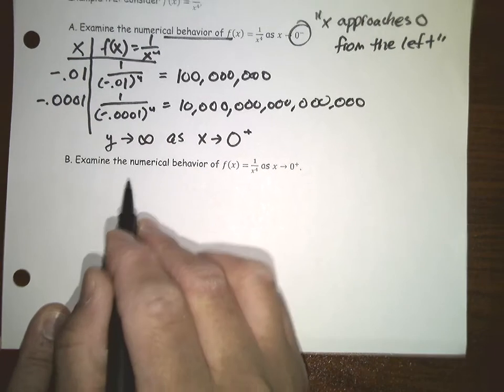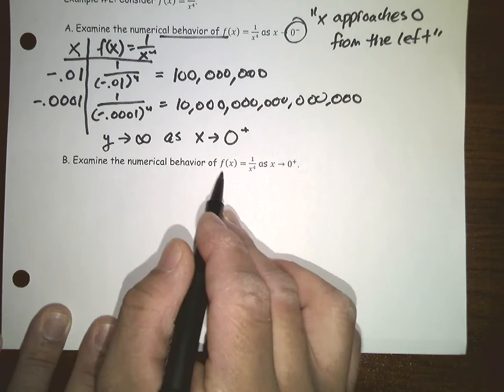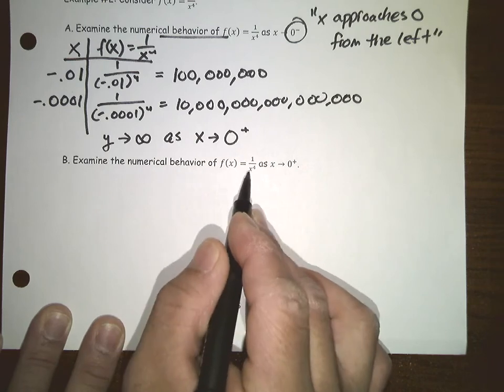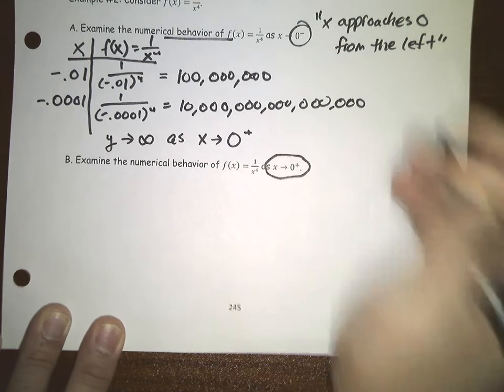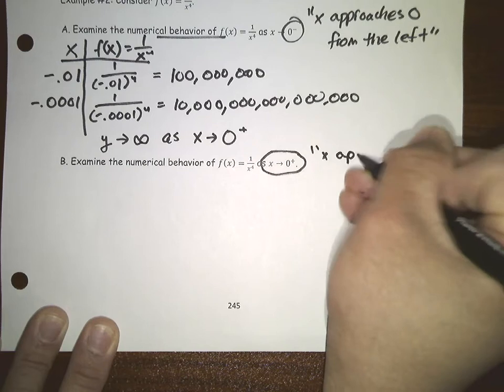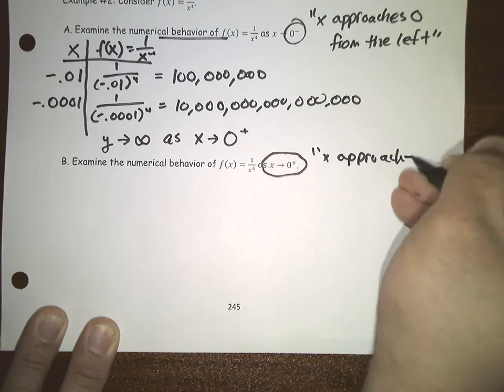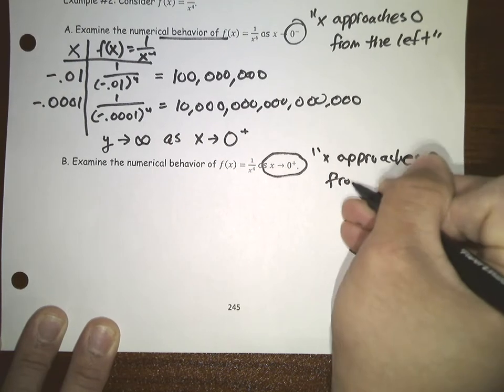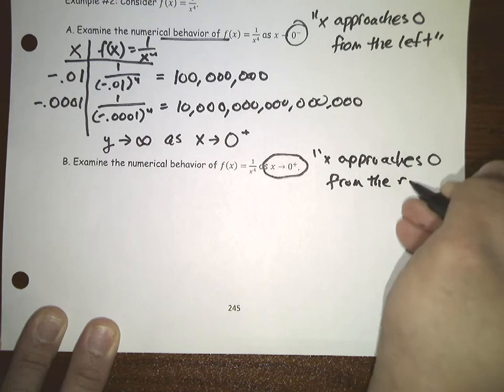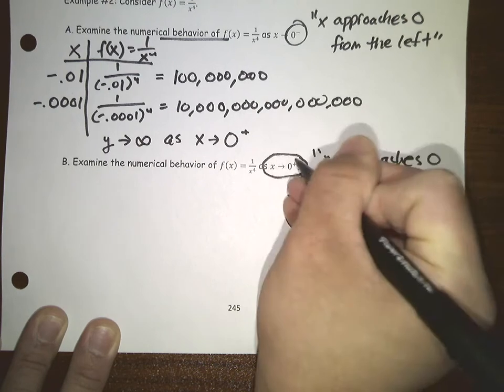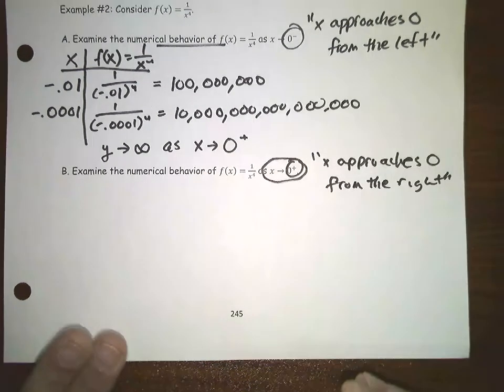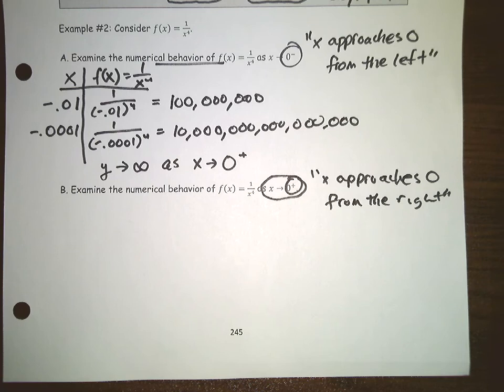All right, so examine the numerical behavior of f of x equals 1 over x to the fourth as x approaches 0 from the right, because of the positive superscript on the 0. So this means values that are a little bit bigger than 0 but still close to 0.